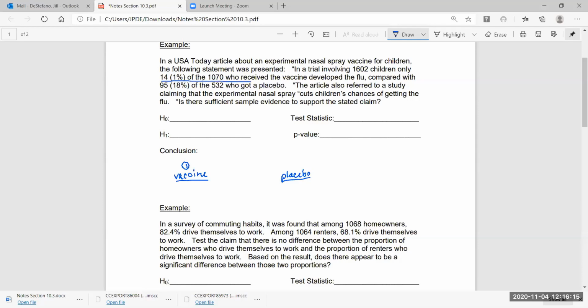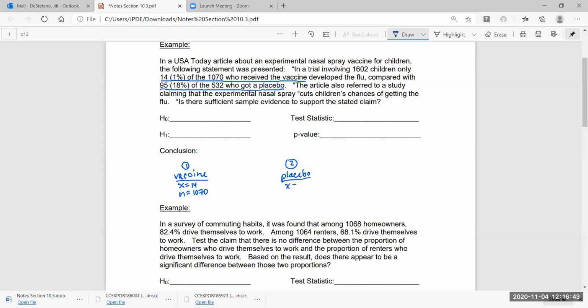14 out of 1,070 who received the vaccine. So here, 14 people got the flu out of the 1,070 who received the vaccine. When we look at the placebo group, I'm going to call that group 2, compared with 95 of the 532 who got the placebo.